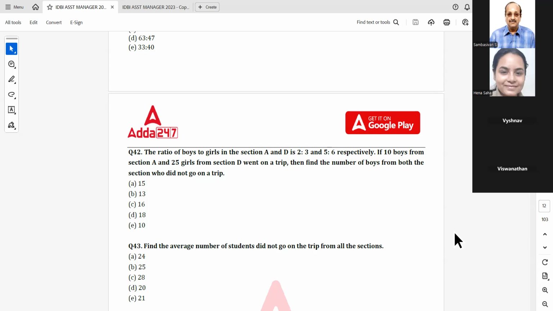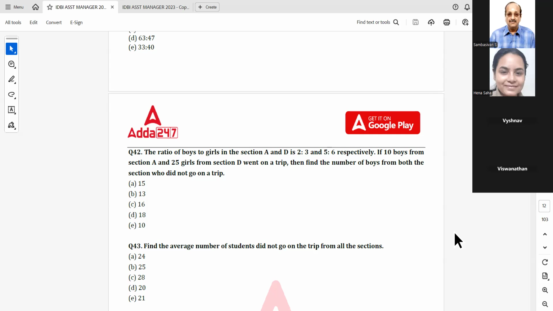In section D, 5:6, total number of students 55, 5 by 11 means 25 and 30. This is what we need for this problem. If 10 boys from section A and 25 girls from section D went on a trip, find the number of boys from both the sections who did not go on the trip.